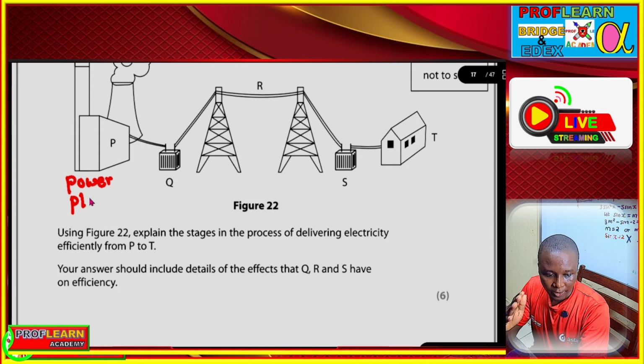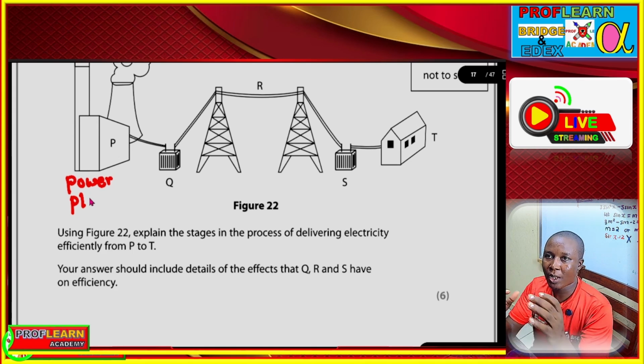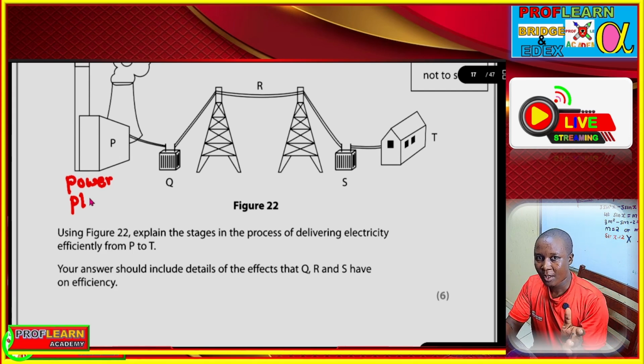Electrical generation. Electricity is generated through electromagnetic induction. That's what we have to agree. If we are talking about hydropower generation, water is trapped in a dam, and the gravitational potential energy is harnessed.